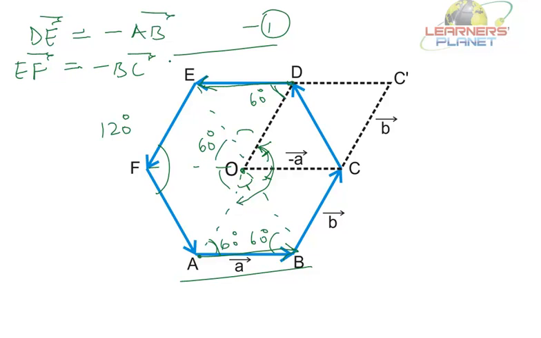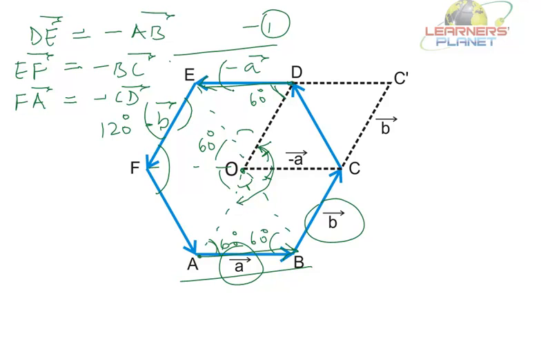And in the same fashion vector FA will be equal to minus vector CD. Now we are already given A and B, and since we are given A and B, we know that this vector will be minus A and this vector will be minus B. Now we have to just find out this vector CD, and if this is known, we will also know FA.